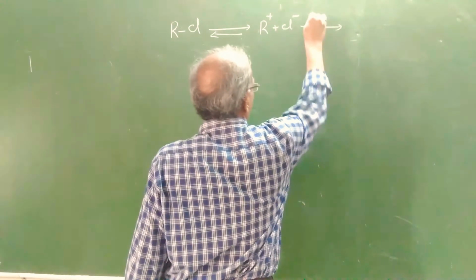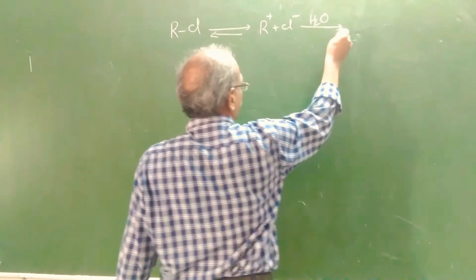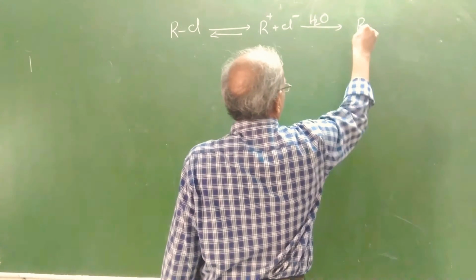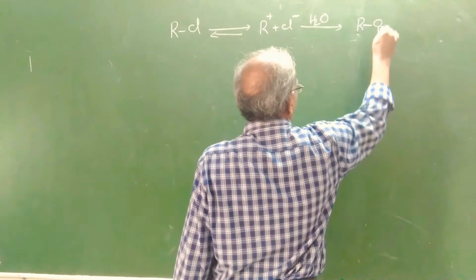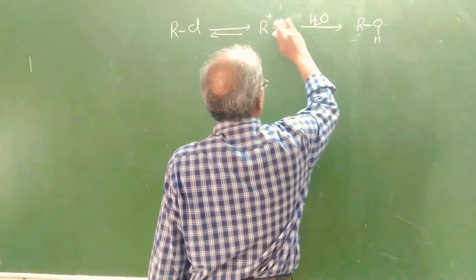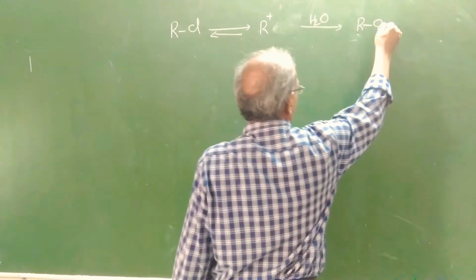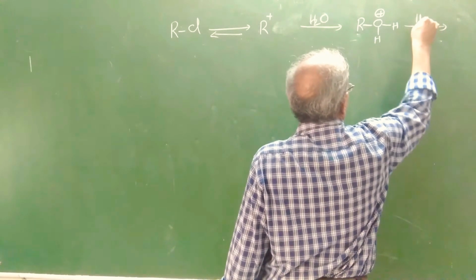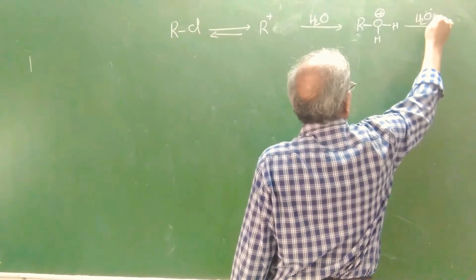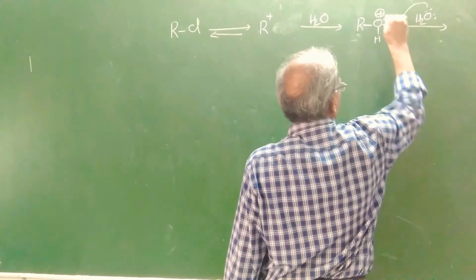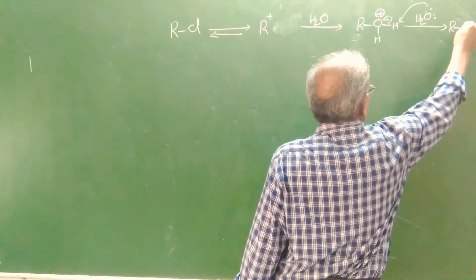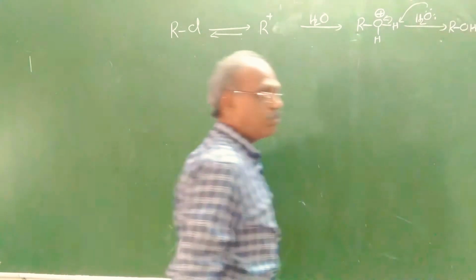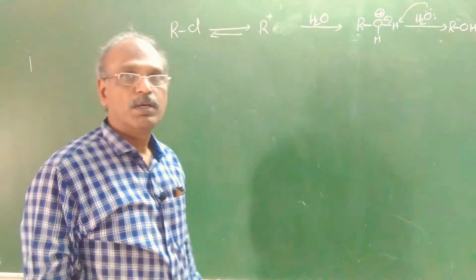In the second step, H2O attacks to give ROH2 plus; I would like to write only C plus for the sake of convenience. In the next step, by H2O, this is removed as H plus, and finally we get ROH. This is in brief. Okay.